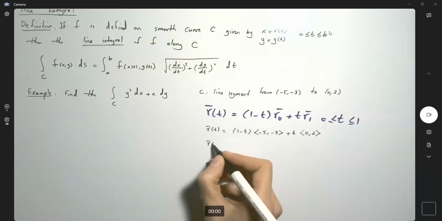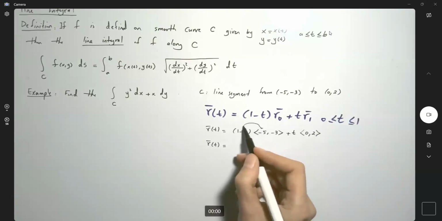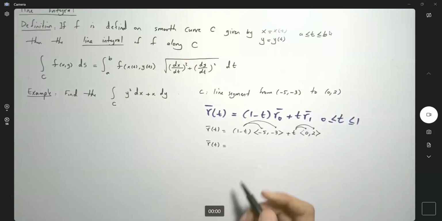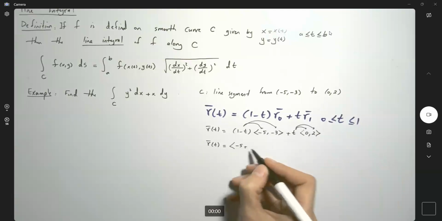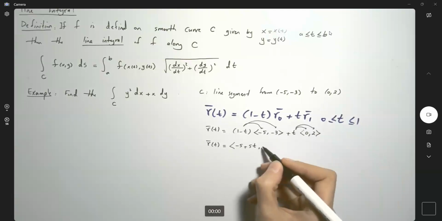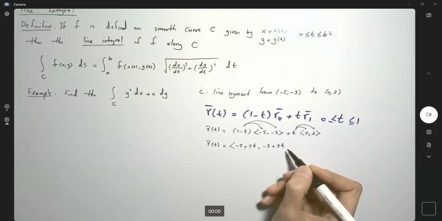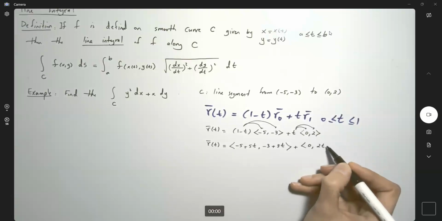So this line segment can be written as, we can just distribute 1 minus t, distribute t, and combine these together. It becomes vector -5 plus 5t, -3 plus 3t, plus the second vector, 0 and 2t.